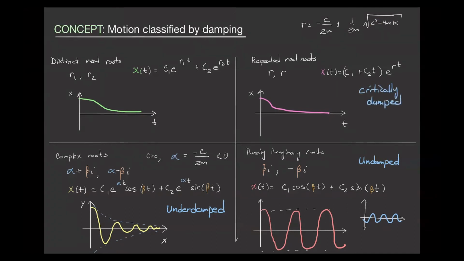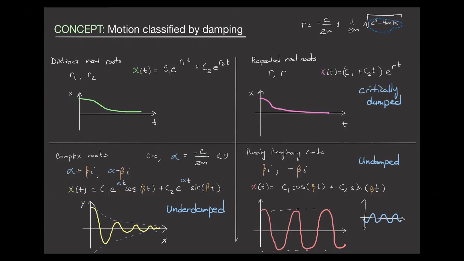It's where you go from having this discriminant value be less than 0, which gives you the complex numbers because you get an imaginary part, to being 0, which is where you get critically damped because then this whole term is 0 and you get a repeated root, to then having this be positive, which gives you the 2 distinct roots.